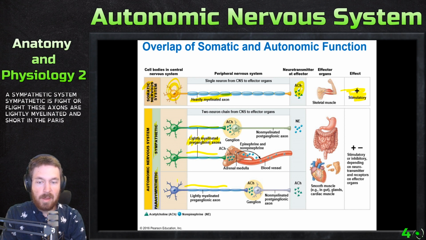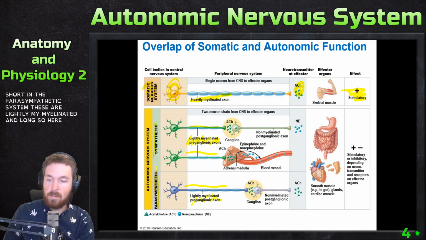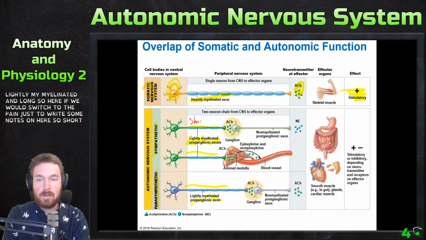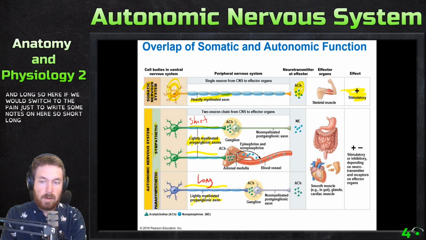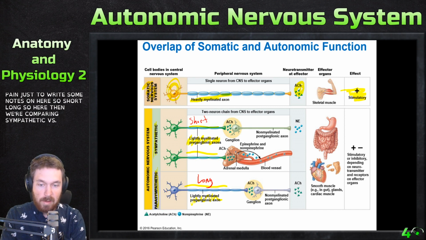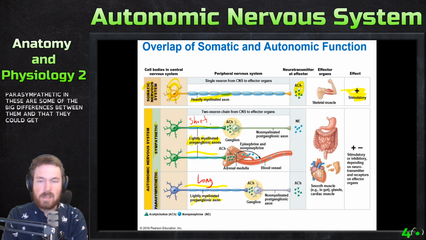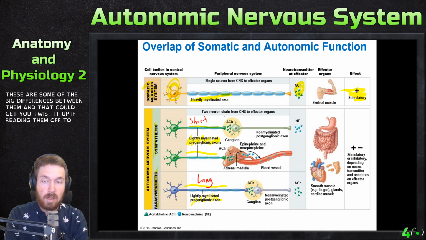In the parasympathetic system, these are lightly myelinated and long. If we switch to the pen just to write some notes on here: short, long. These are some of the big differences between them, and that could get you twisted up when reading a multiple choice question.